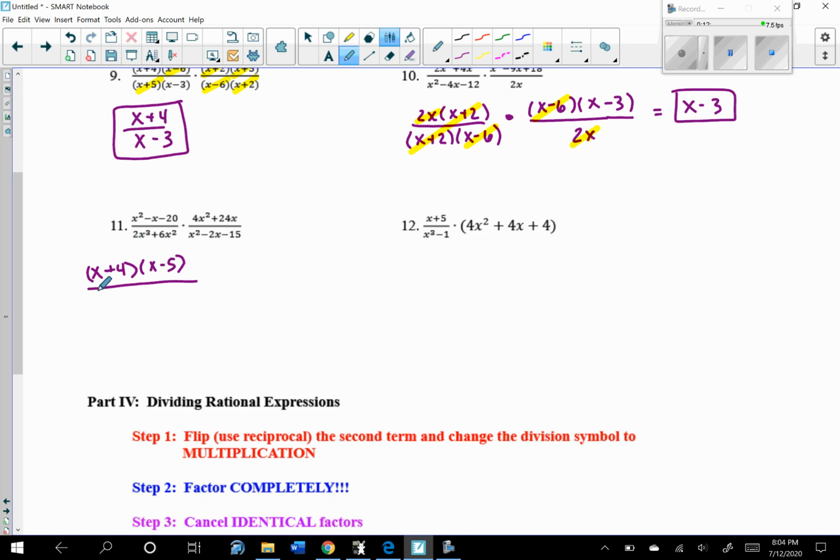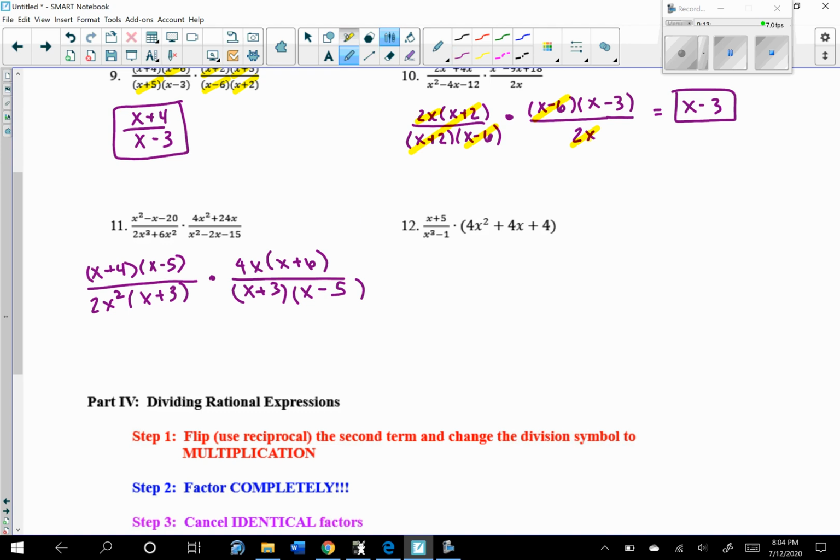Down here I do have a GCF, which is 2x squared, and then that becomes x plus 3 times, here I have 2 terms, but I also have a greatest common factor of 4 and x. So that becomes x plus 6. And down here I have 3 terms, so I'm looking for factors of negative 15 that add up to 2. X plus 3 times x minus 5.